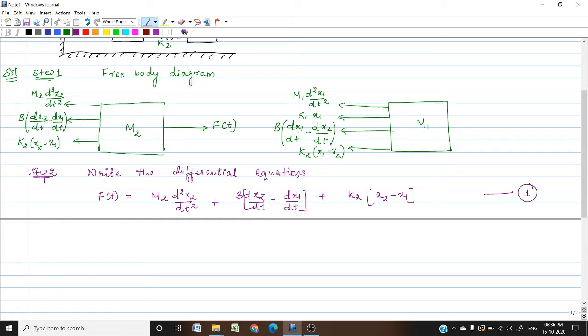Next, for mass M1, there is no input force acting on it. We can see that all the forces are acting in the same direction.